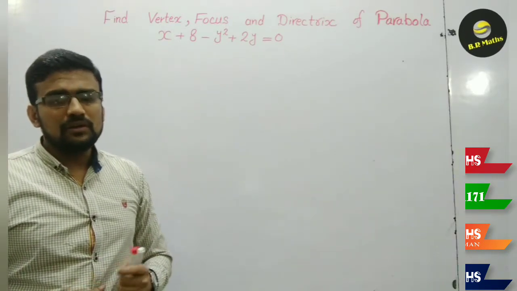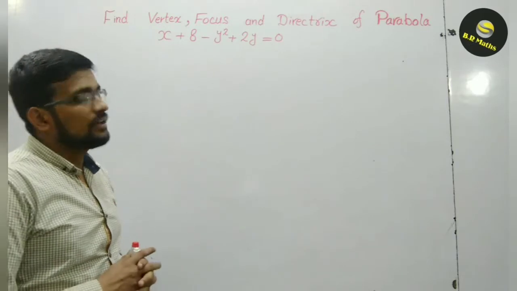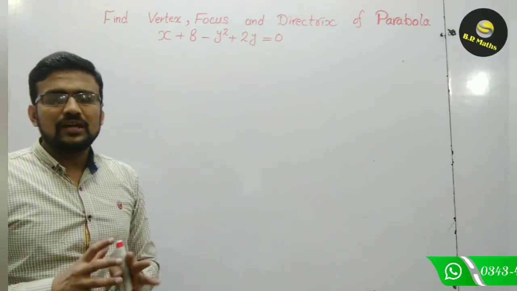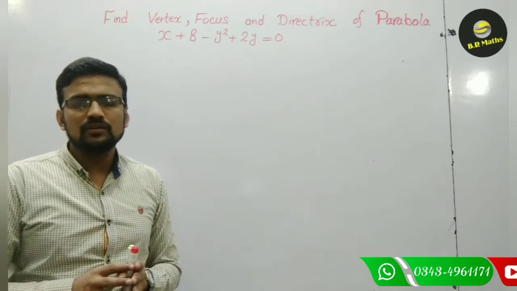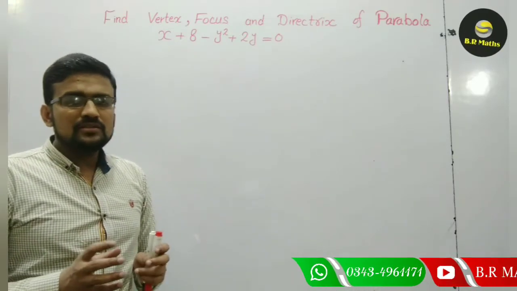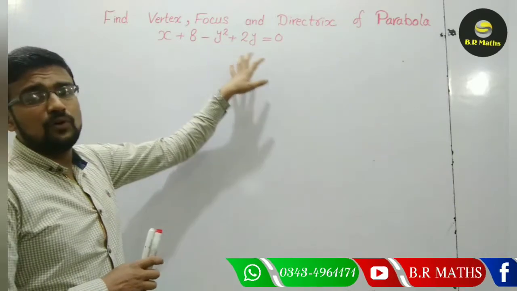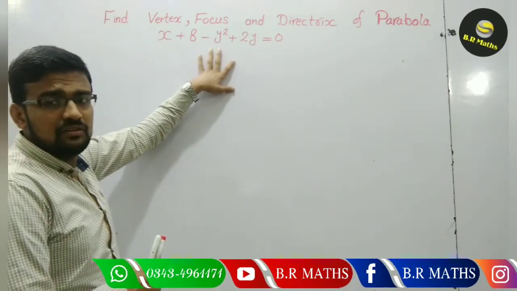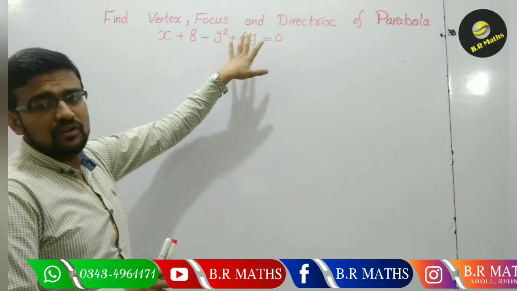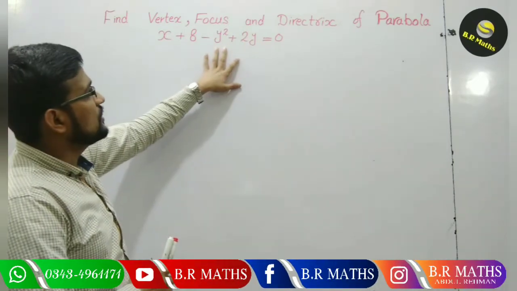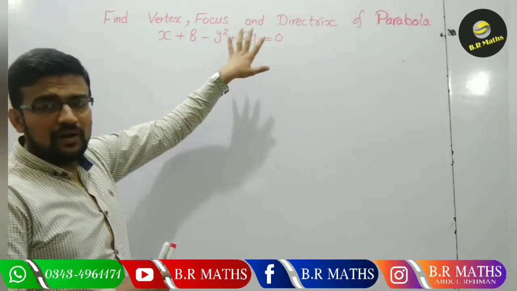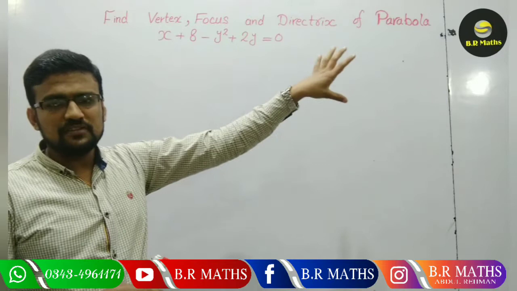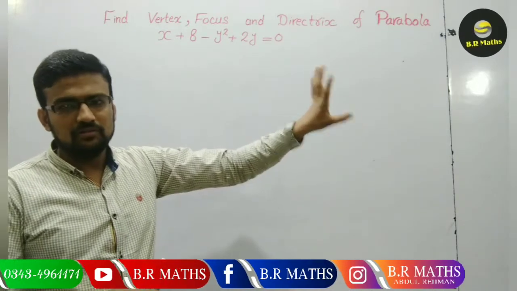Students, in my previous lecture I discussed the parabola completely, with its different types and cases. A parabola is the graph of a second degree equation, and in this question you see y², which means it is the first case of the parabola, y² = 4ax.